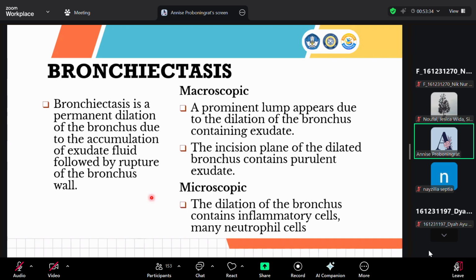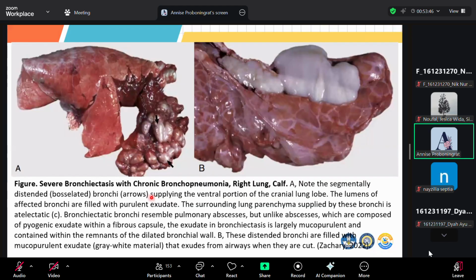And we can find dilatation of the bronchus containing inflammatory cell accumulation, mainly neutrophilic cells in the lumen of the bronchus.